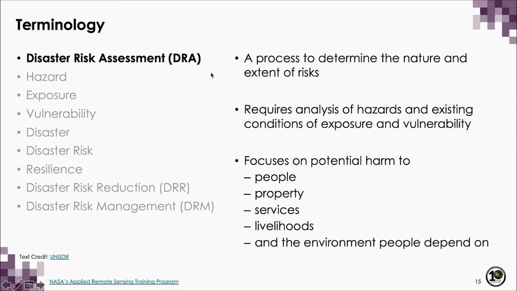Disaster risk assessment is a process to determine the nature and extent of risks, which requires analysis of hazards and existing conditions of exposure and vulnerability, and it focuses on potential harm to people, property, services, livelihood, and environment in which people live and ecosystems depend on.